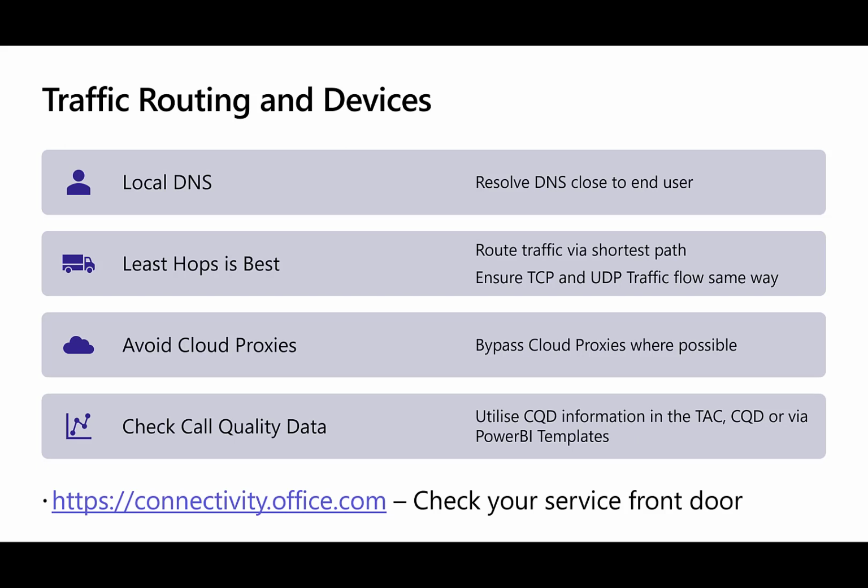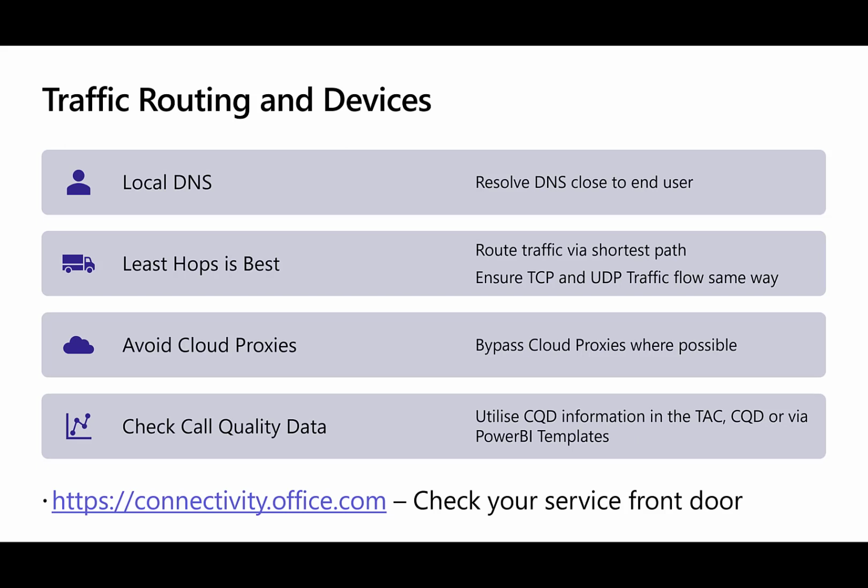Just on that as well, ensure that the least amount of hops are required to get data between the end user's device and our service where possible. So if you've got traffic today routing through various different data centers across various different MPLS networks, the best possible advice that we can give you is to try and have that internet traffic leave the user's local internet egress point where possible.